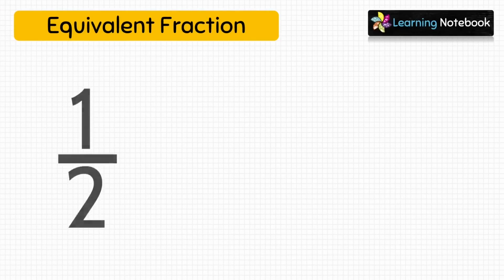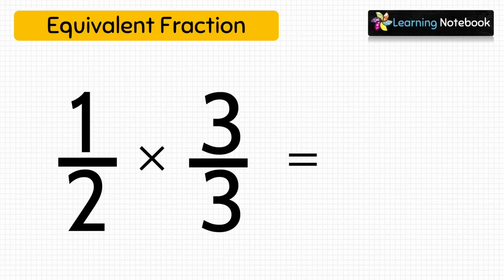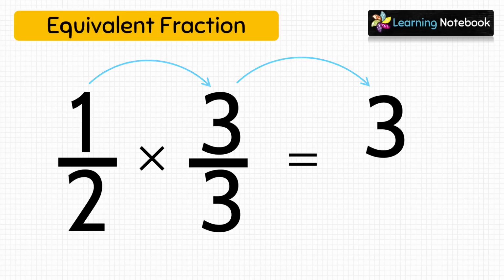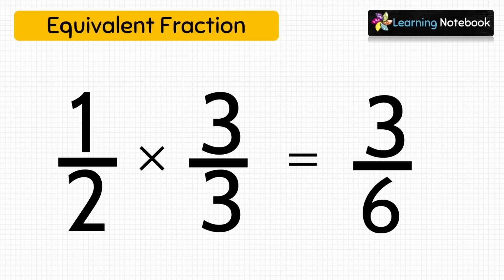Now, suppose we have to write one more equivalent fraction of 1 by 2. So what will we do? We will again multiply both numerator and denominator by the same number. Let's say 3. So 1 into 3 equals 3 and 2 into 3 equals 6.